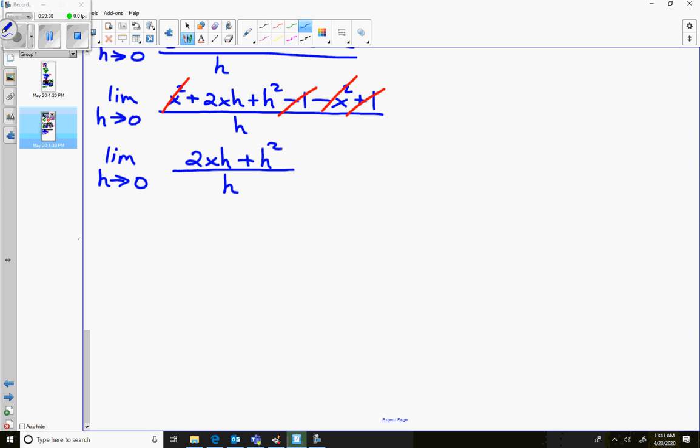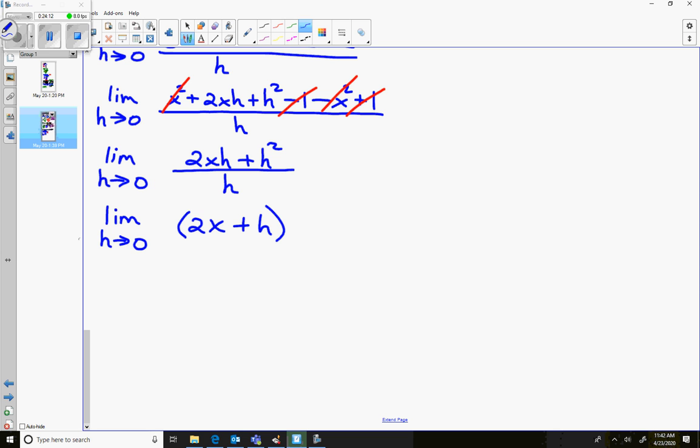Now, in this case, I do have a plus sign involved, but everything has an h, so it's all divisible by h. So when I divide everything by h, I'm left with just simply 2x plus h all over 1, but I'm not going to write the over 1. And now that the h on the bottom is gone, I can plug in 0 for h.